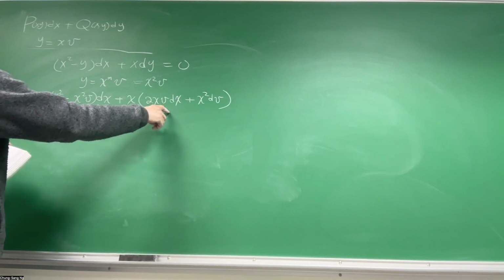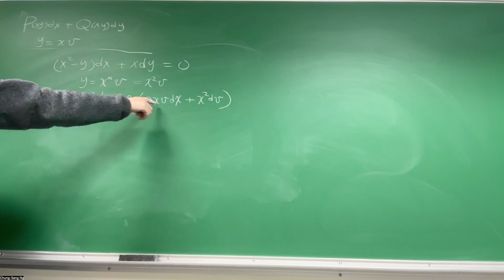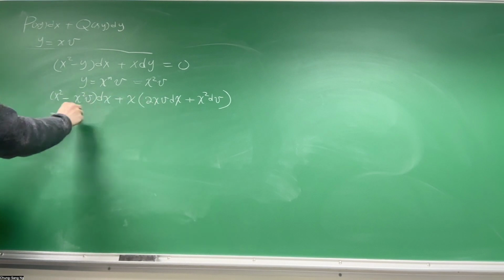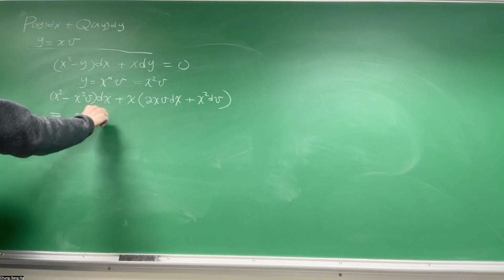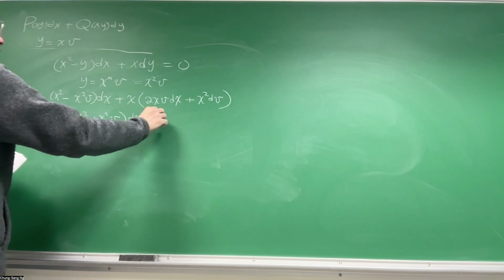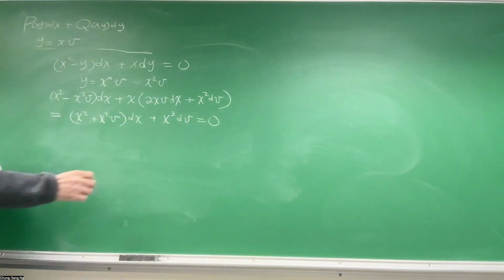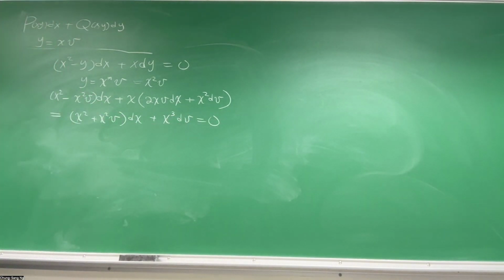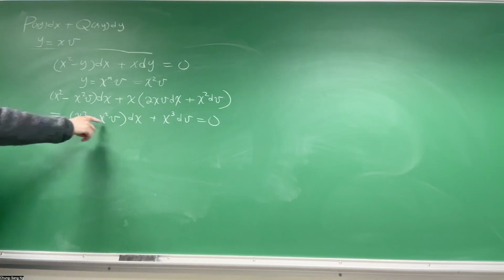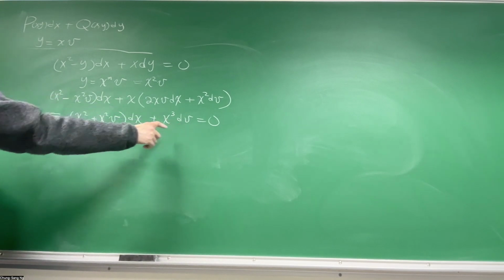Now I can group the dx term. X squared v, you have two of them, and then minus 1. Altogether is x squared plus x squared v dx and plus x cubed dv. Now this one again becomes separable because you take x squared out, becomes 1 plus v, and divide that to the other side.